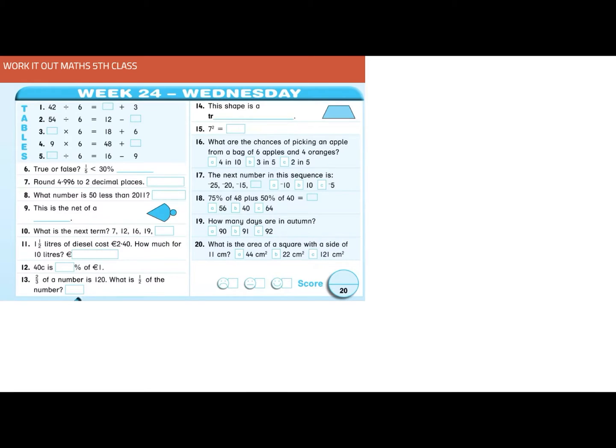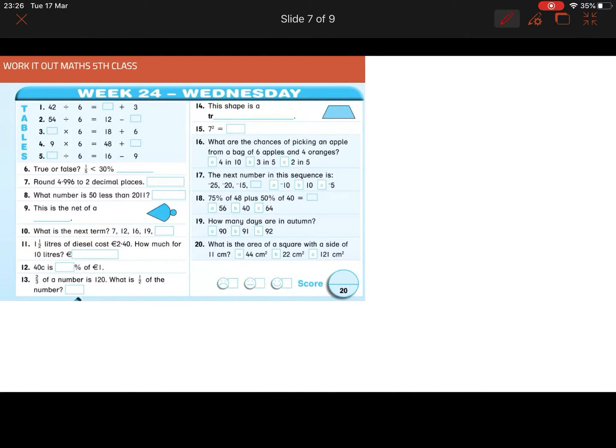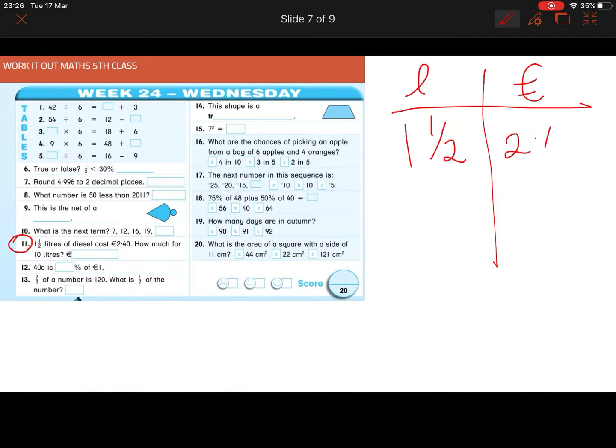So we're going to quickly look at Wednesday as well. Let's see, have a good look. Have you any questions? One that's jumping out at me here now is number 11. So we have 1.5 litres costs $2.40.